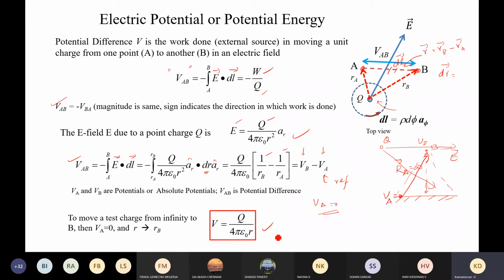And here R is equal to RP, which means the point where we have the finite distance from the test charge itself. That is the potential at this particular point. So in other words, we need not calculate the potential difference. We can directly calculate the electric field at every point.